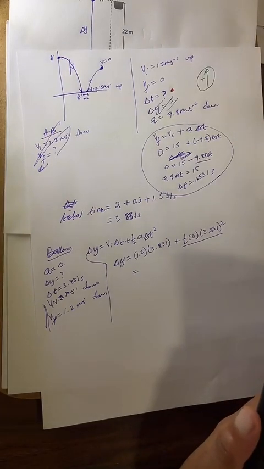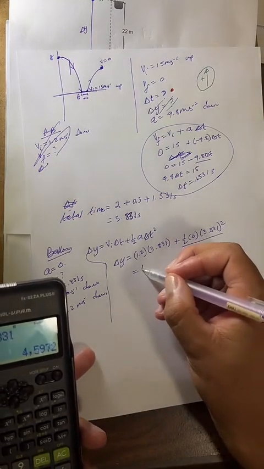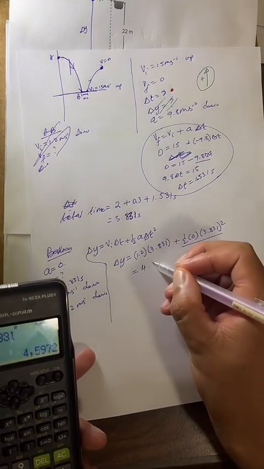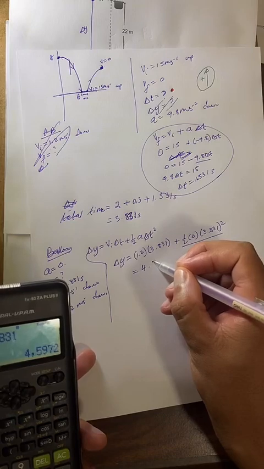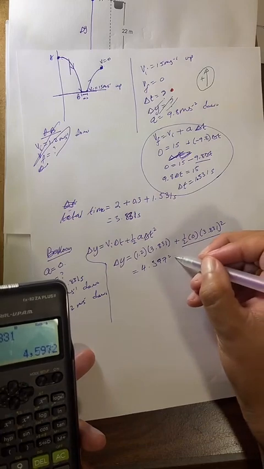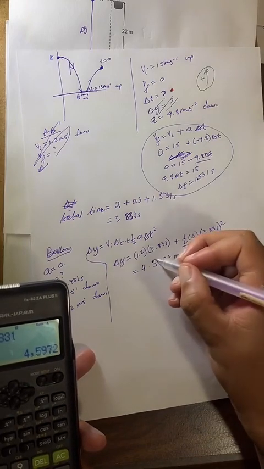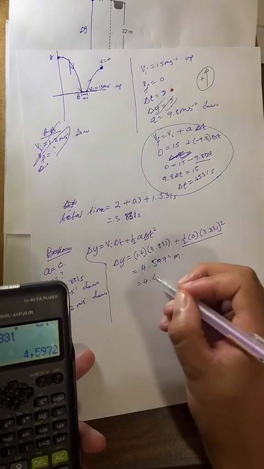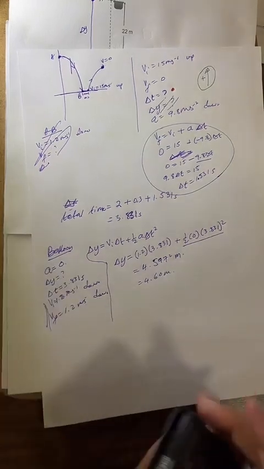Then we have 1.2 multiplied by 3.831, and this gives you 4.5972 meters. So it's roughly 4.60 meters.